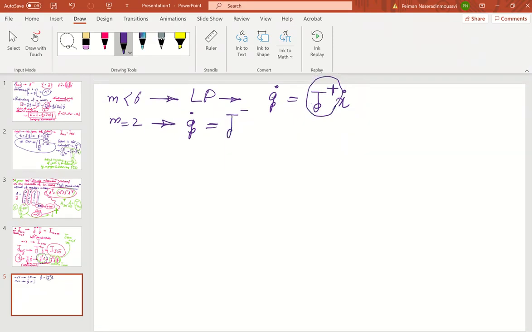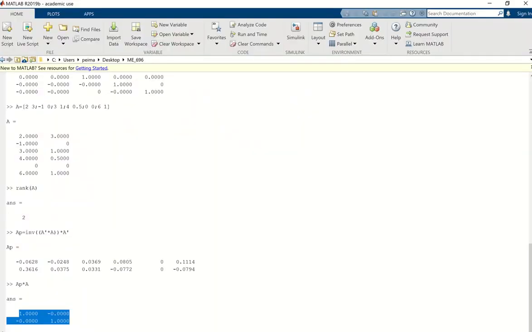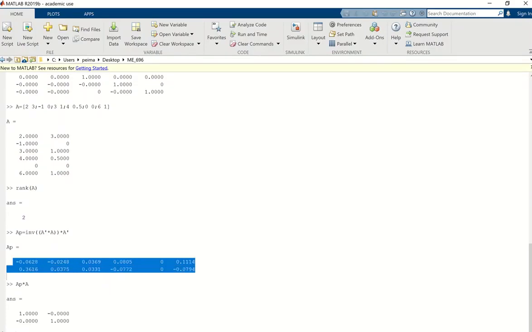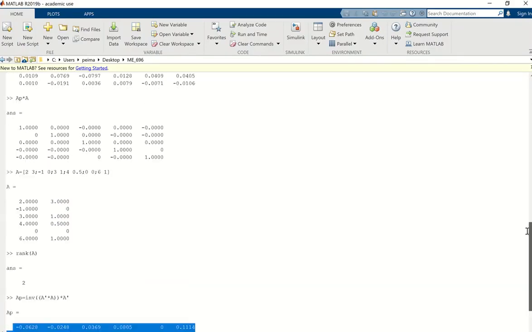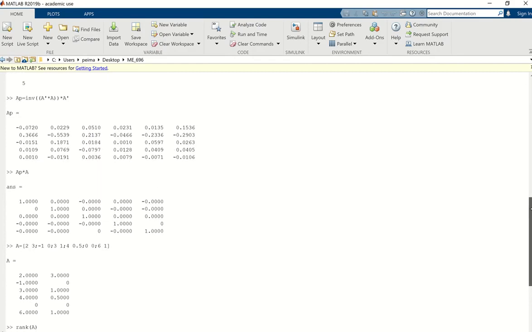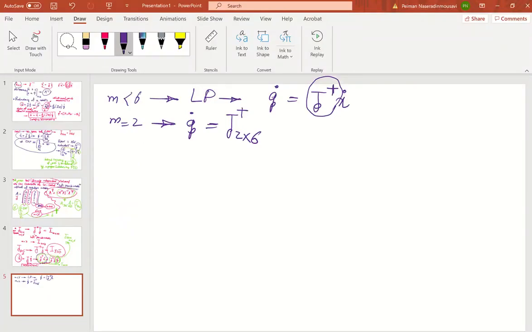This is going to be 2 by 6. Remember? Look at here in MATLAB. The pseudo inverse is going to be 2 by 6. Or if you have 5 by 6, it's going to be 5 by 6. If you have 4 degrees of freedom, it's going to be the 4 by 6 left pseudo inverse.